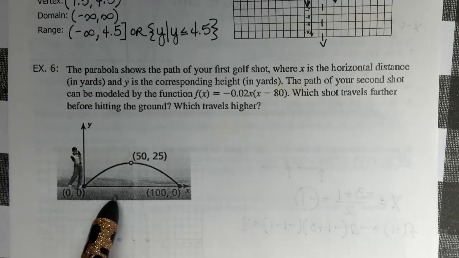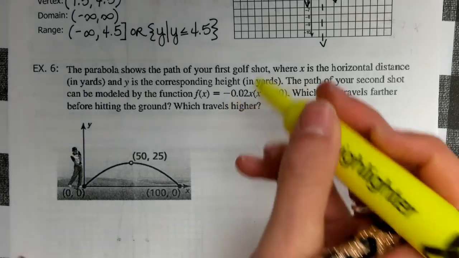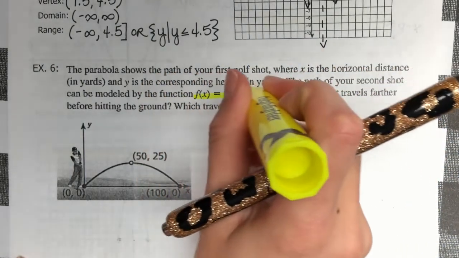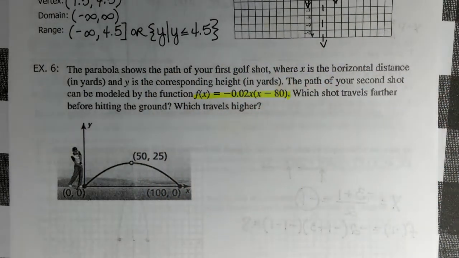The path of your second shot can be modeled by the function f of x equals negative 0.02x times x minus 80. Which shot travels farther before hitting the ground, and which travels higher?